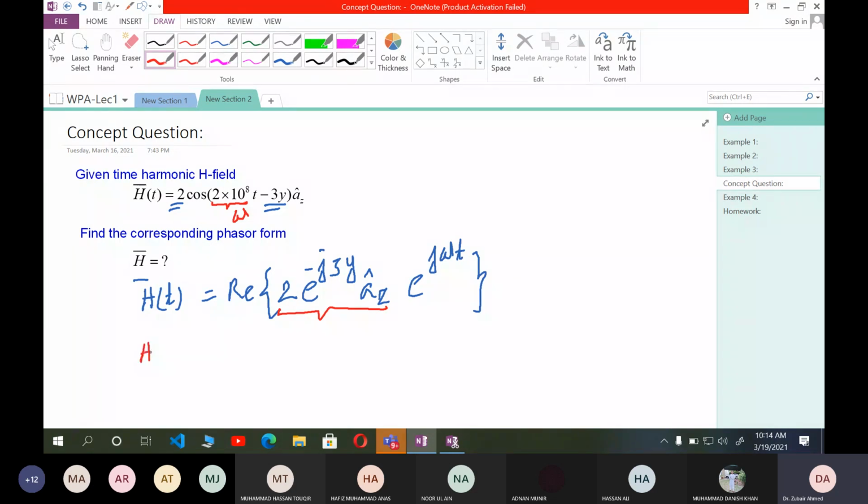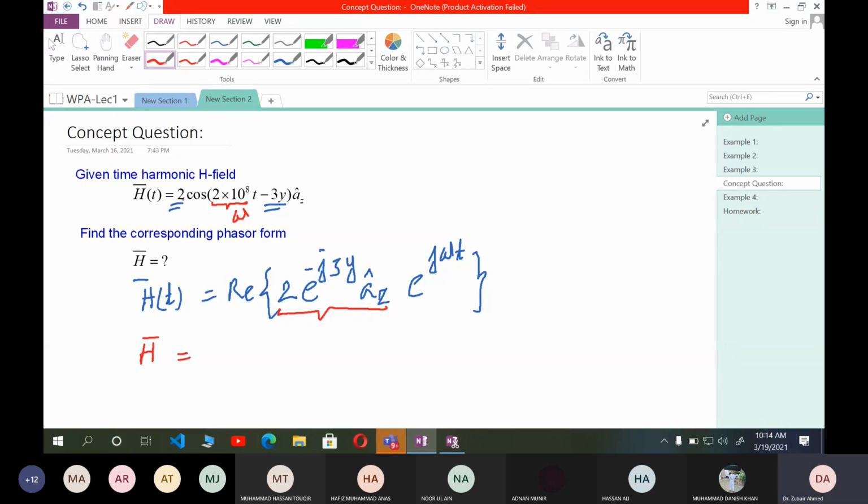For the phasor, we are using this capital H, without the time dependence.